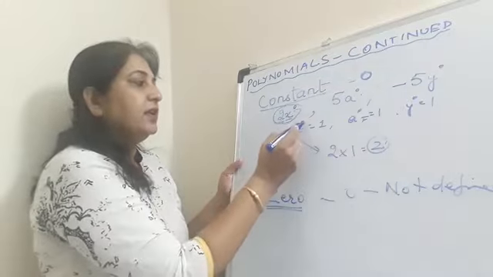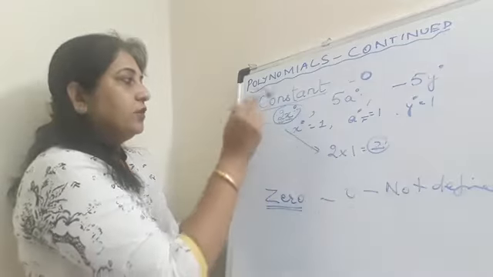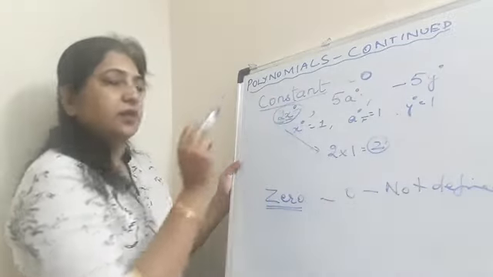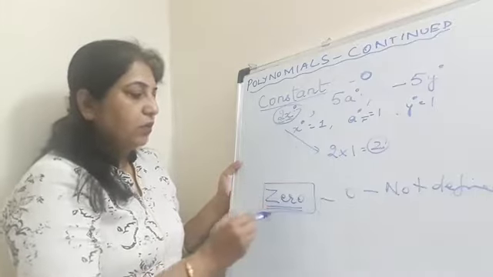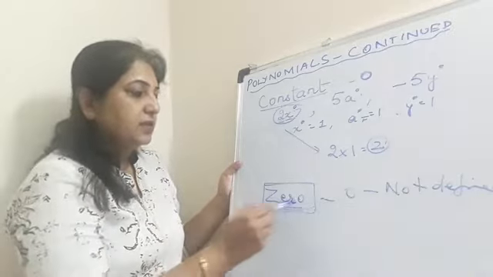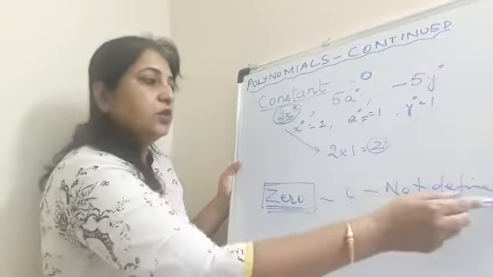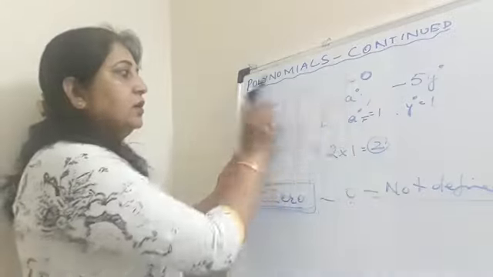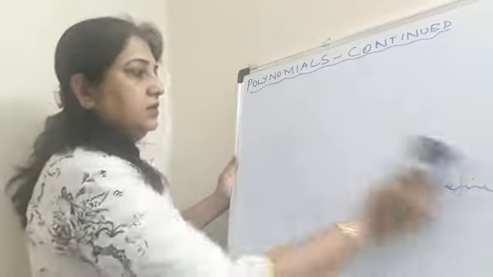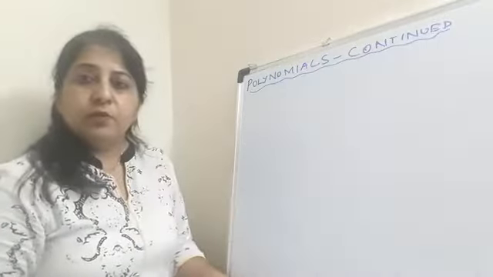And since the degree is the highest power, the degree of the constant polynomial will be 0. Okay, I hope it is clear to you. And if the polynomial is 0, then the degree of this zero polynomial is not defined. Okay, so these are also types of polynomials: zero polynomial and constant polynomials.